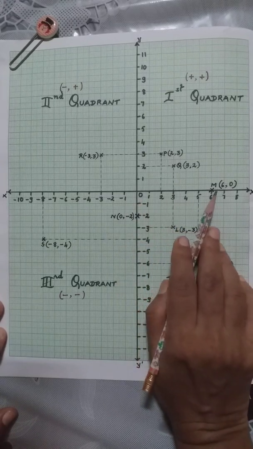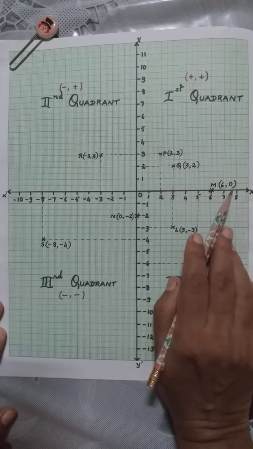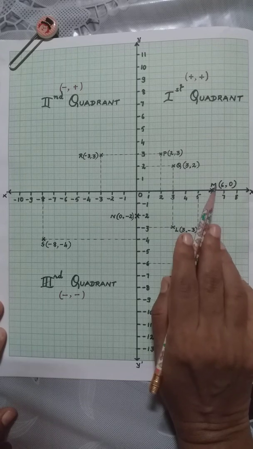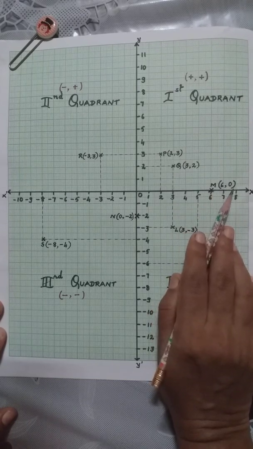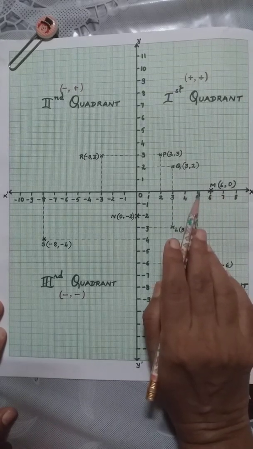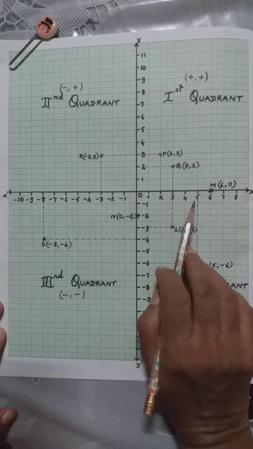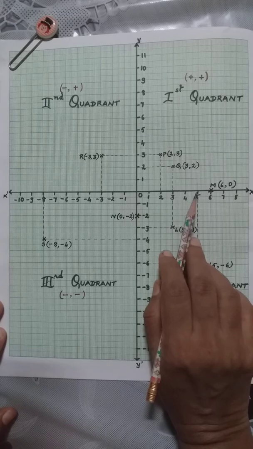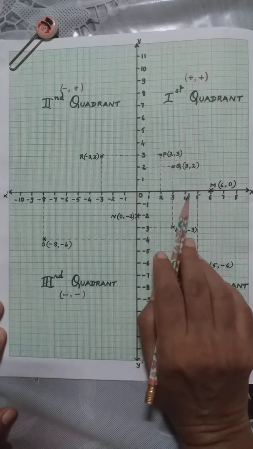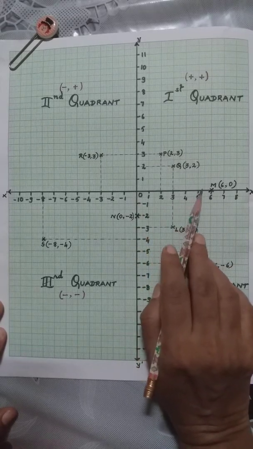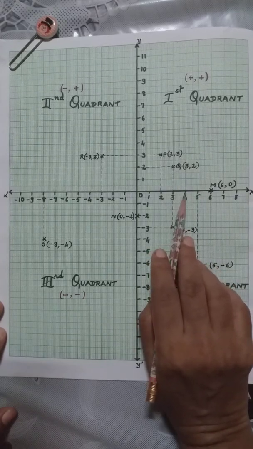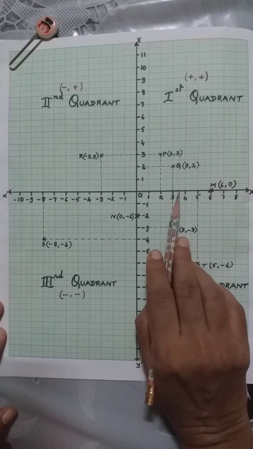So the coordinates will be 6, 0. So this point M has the coordinates 6, 0. Then what will this point have as its coordinates? It represents 5 on the x-axis and 0 on the y-axis. Therefore this will be 5, 0. This will be 4, 0. Here we will have 3, 0.